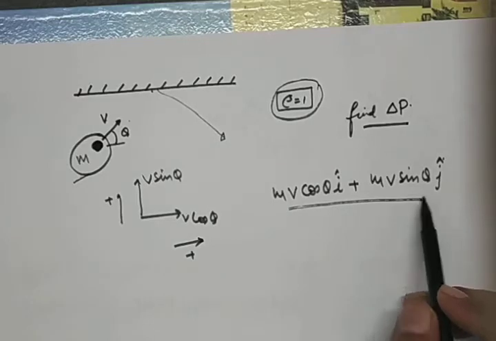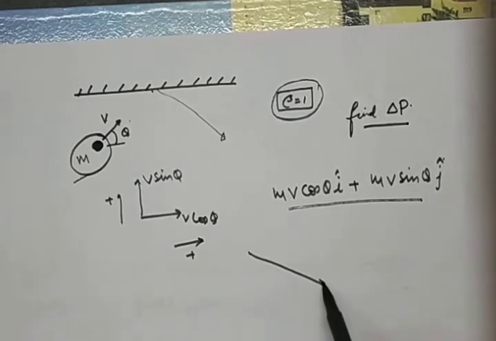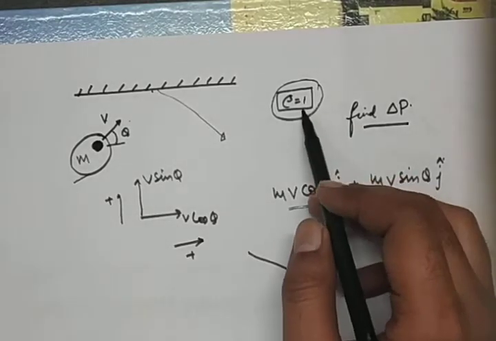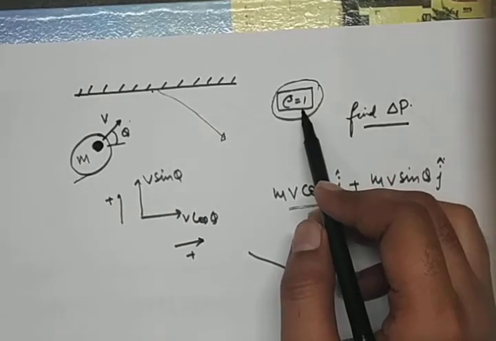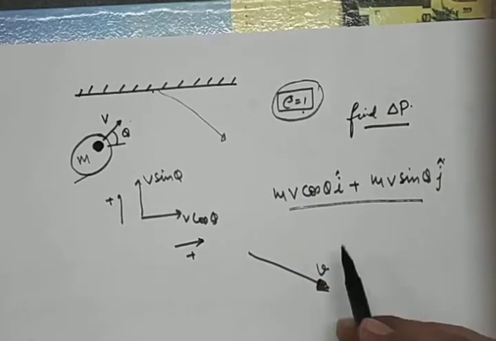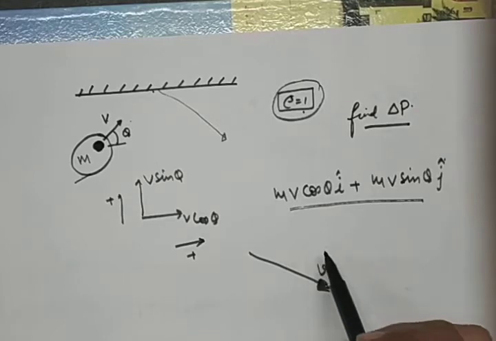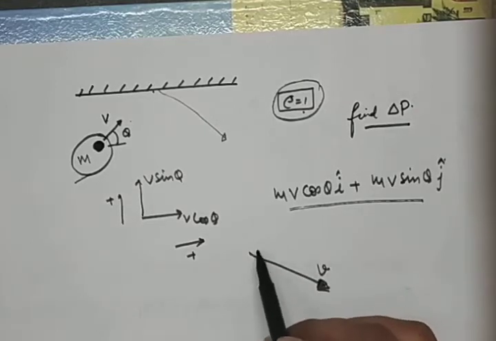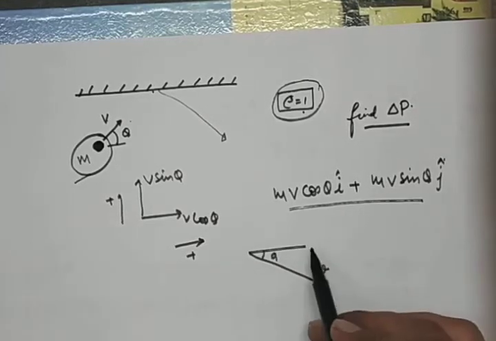What is the final momentum of the ball? Finally, the ball will move with the same velocity as the coefficient of restitution is 1. So the final velocity will also be v and that is also making an angle theta. If this was angle theta, this is also theta.